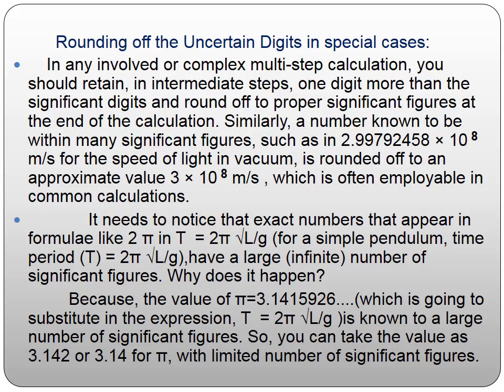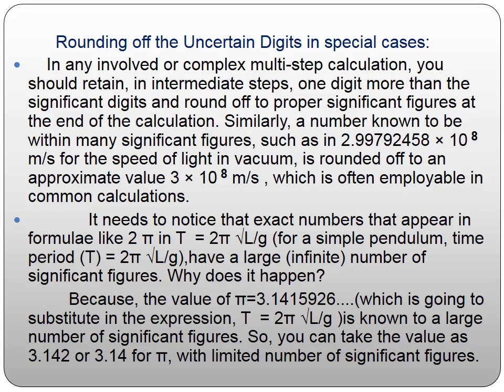It needs to be noticed that exact numbers that appear in formulae like T = 2π√(L/g) have a large or infinite number of significant figures. Why does it happen? Because the value of π is 3.1415926, which is substituted in the expression T = 2π√(L/g).